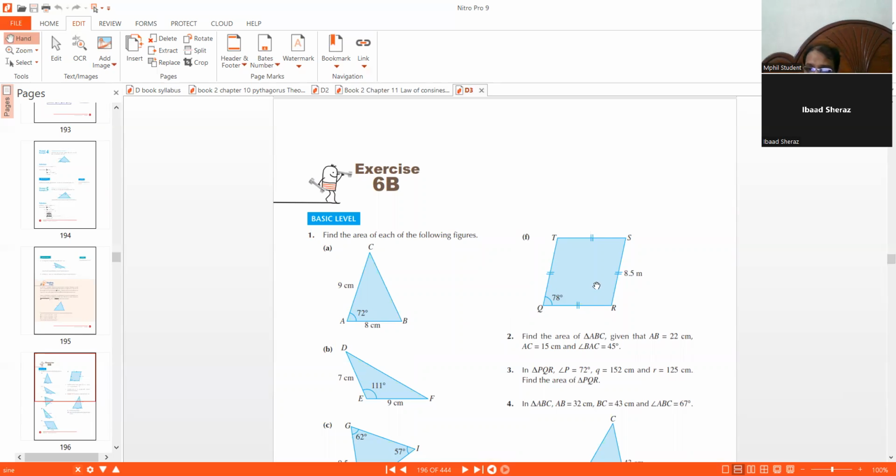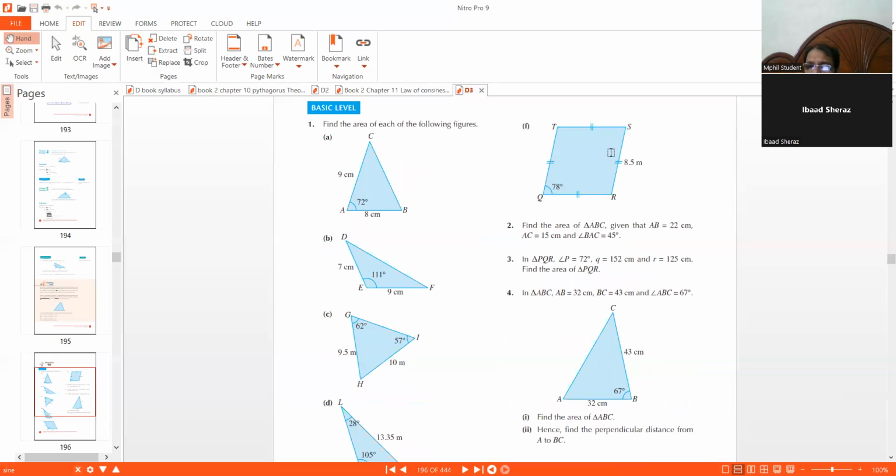Very nice. And what will you do over here with this part of the diagram? Find the area of this parallelogram. You do length times width, but you have the length and you don't have the width, so we don't need that. If this is 78 degrees, then this is also 78 degrees.